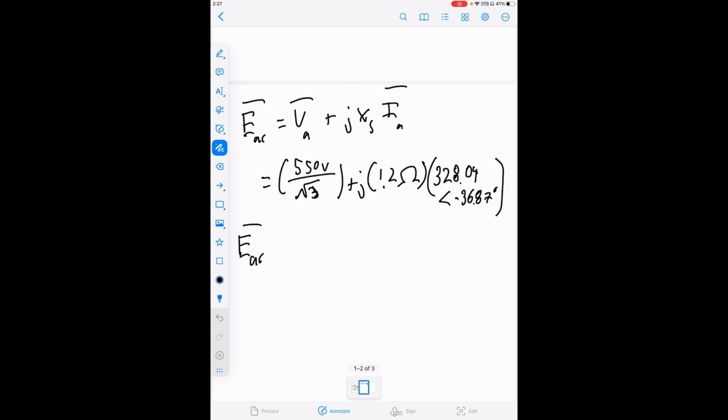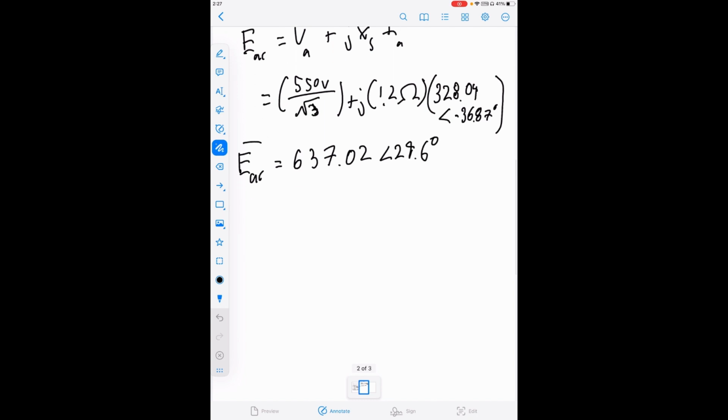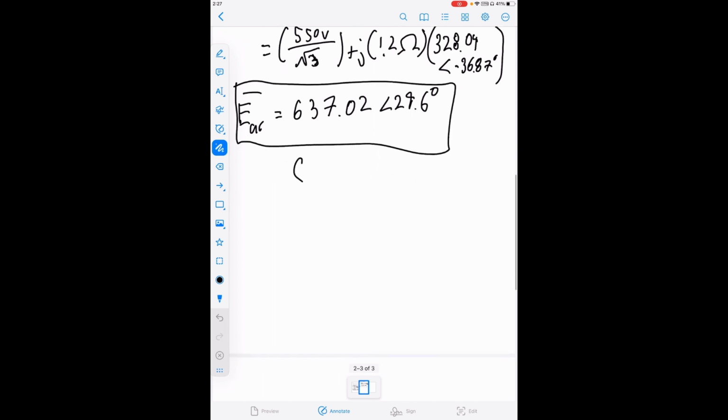And if you plug that into the calculator, you should get 637.02, angle 29.6 degrees. So that is our excitation voltage. And then our torque angle is just the angle of our excitation voltage, 29.6.